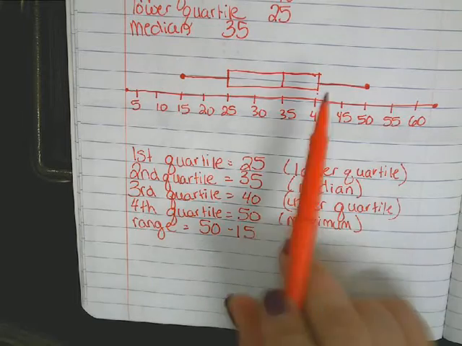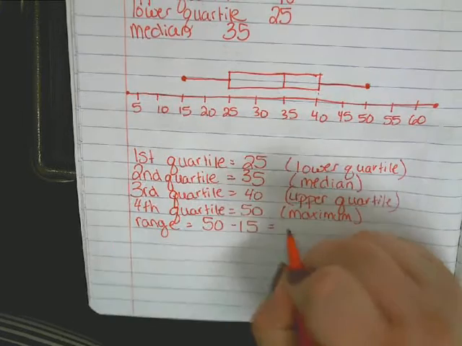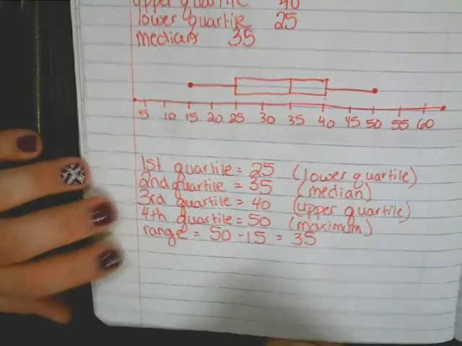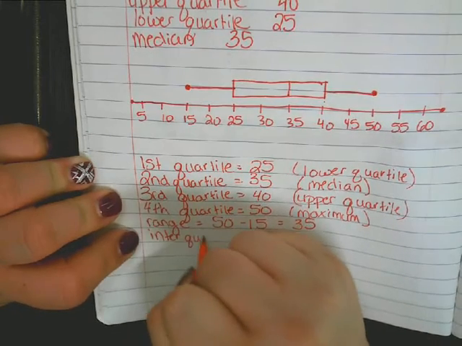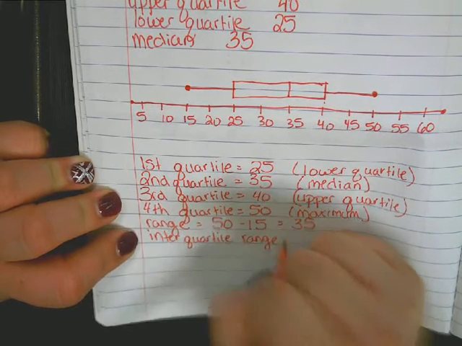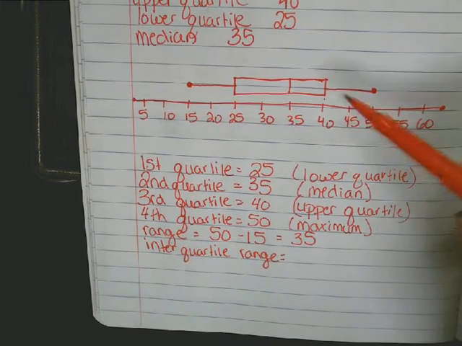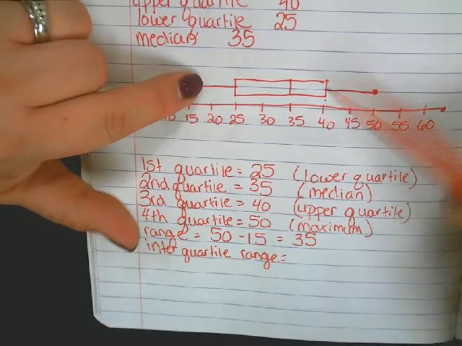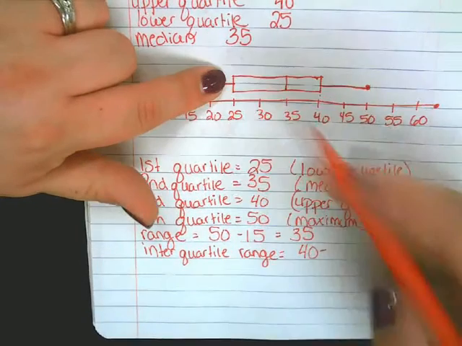So my range, 50 minus 15, would be 35. But maybe they want your interquartile range. When you're looking at interquartile, you're thinking of the middle part. So we're taking the highest part of our box, which is 40, minus the smallest part of the box, which is 25. So my interquartile range is 15.